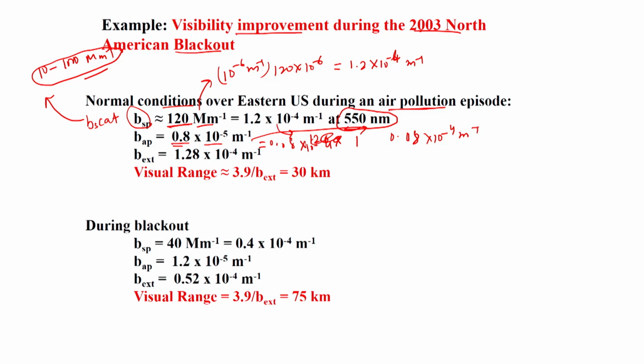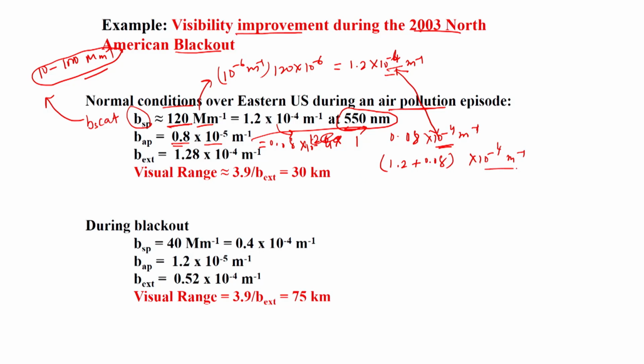I have 10 to the power minus 4 here, so I have to use 10 to the power minus 4 for the absorption as well, then only I can add them. So V extinction will be 1.2 plus 0.08, into 10 to the power minus 4, meter inverse. This will be the extinction.